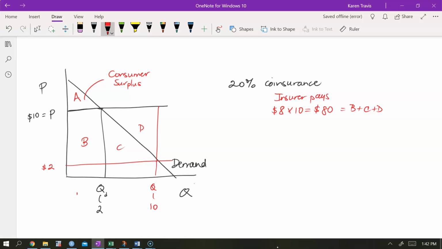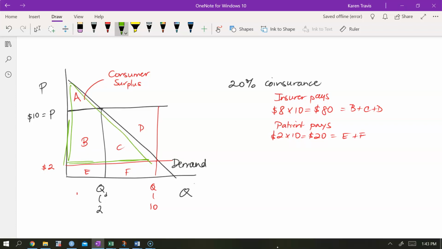I pay $2 for each of my visits. So that's areas E and F. Now, the amount that I value those visits is always going to be what is above and beyond what I pay but below my demand curve.